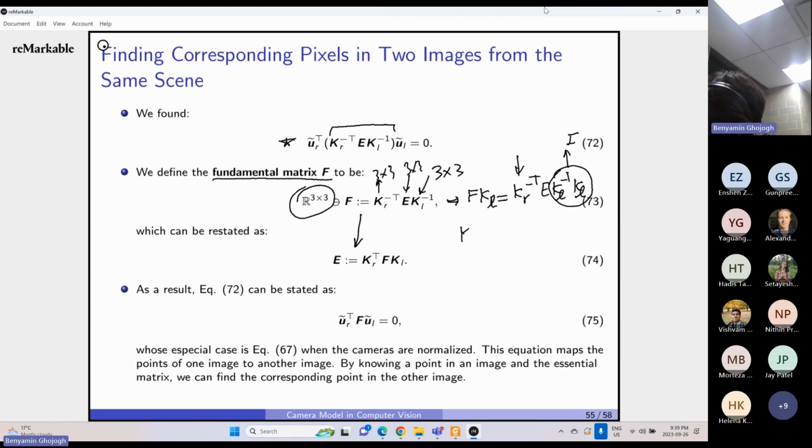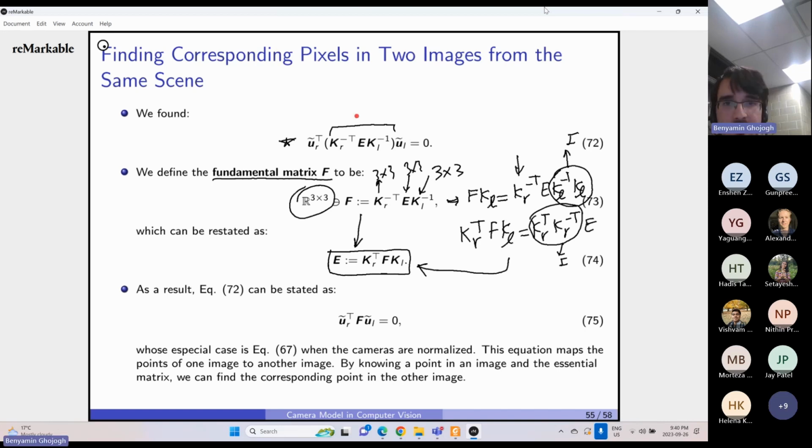So we'll have KR transpose F KL equals KR transpose KR inverse transpose E. This is also identity. We get this equation. Okay. So if we replace this with the fundamental matrix, we get this. This is also one of the very important equations. I think this is the most important equation in computer vision.